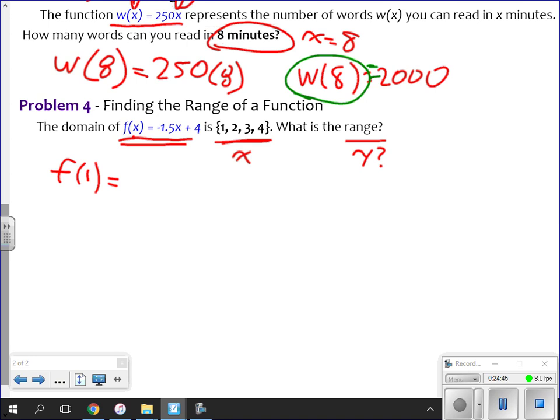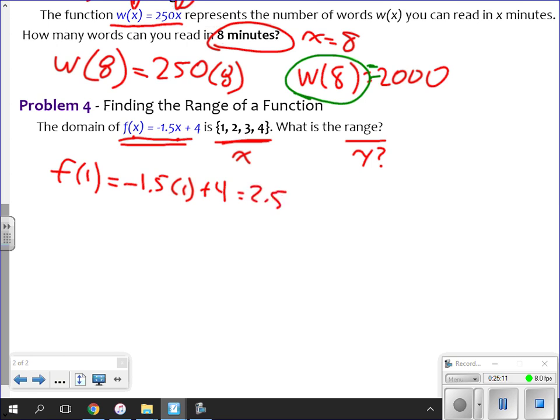So I take the x here and I replace it with 1. Negative 1.5 times 1 plus 4. And I bust out my calculator and I figure out what this is. Take negative 1.5 times 1, add that to 4, and you get 2.5.